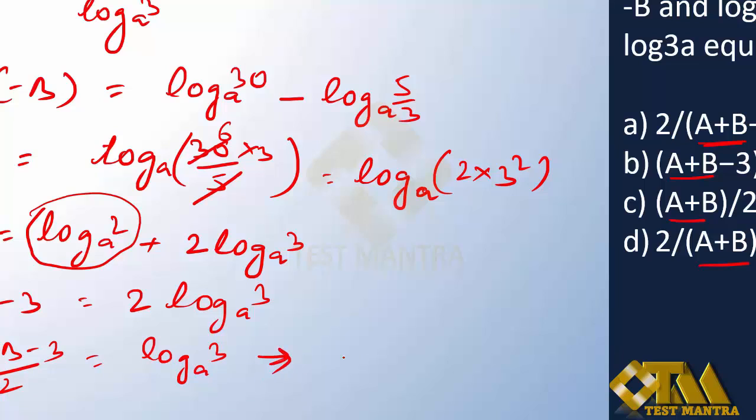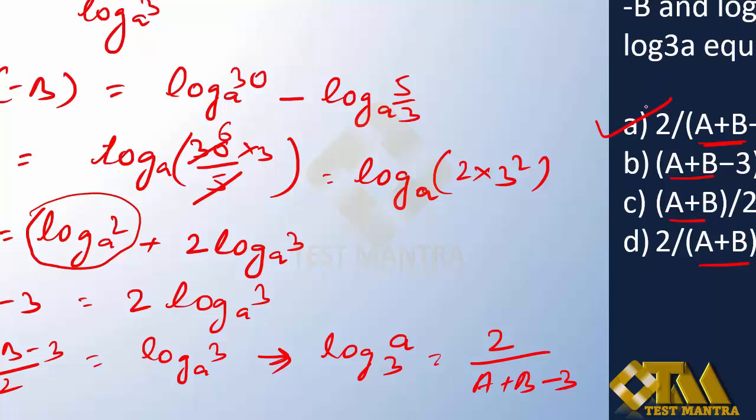So that reflects log a to the base 3 will be the reciprocal of this value, 2 divided by a plus b minus 3. So 2 divided by a plus b minus 3, my answer should be nothing but a in this case, right?